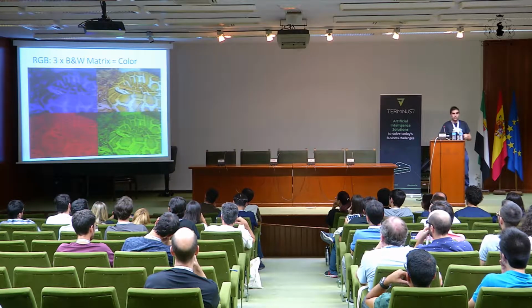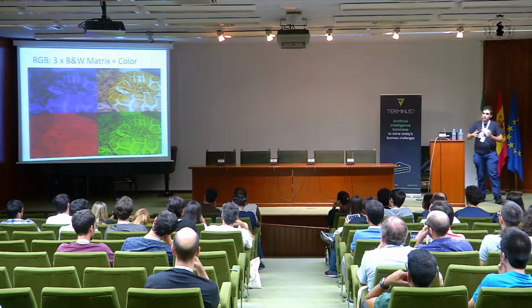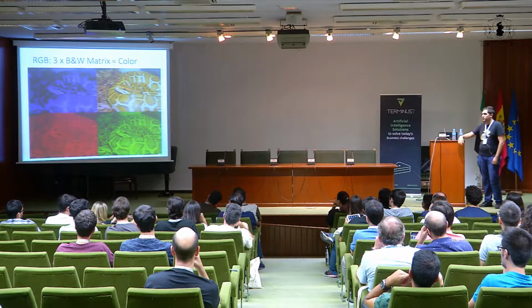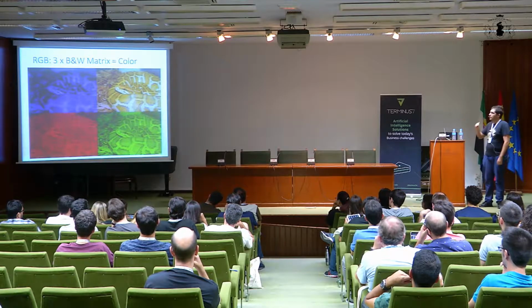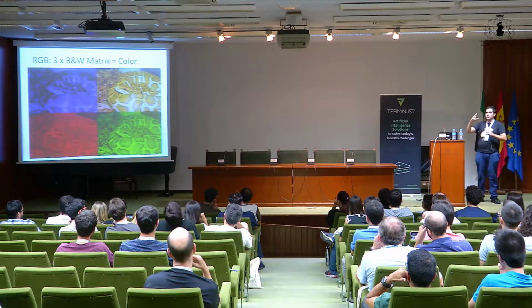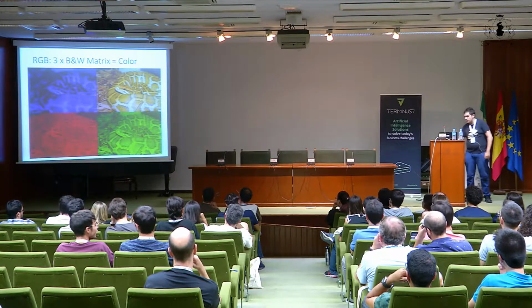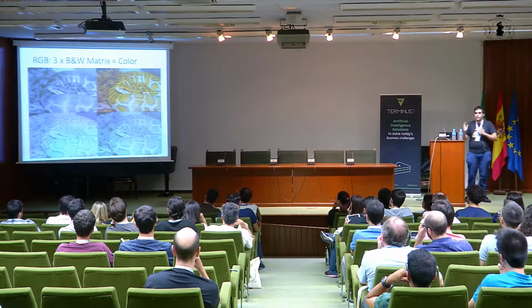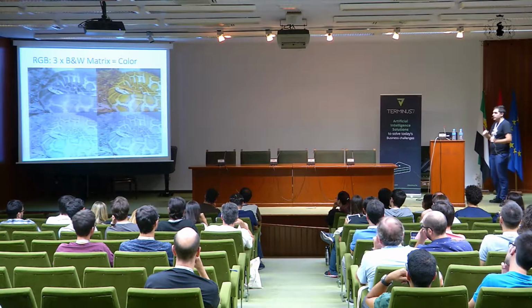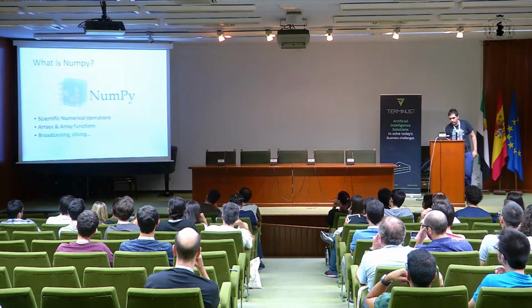When we go to color, it's a similar process, but we have the image divided in three matrices. One for blue light, one for red light, and one for green light, that when you combine in different amounts, you get the different colors of the image. But in itself, every one of the channels is just a matrix, like the black and white image.